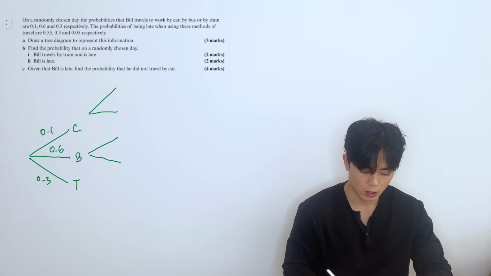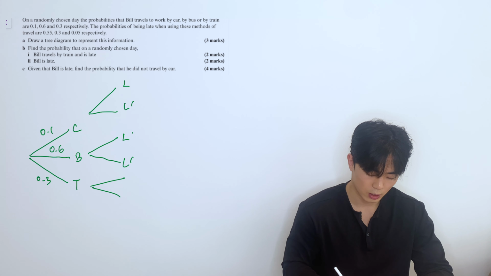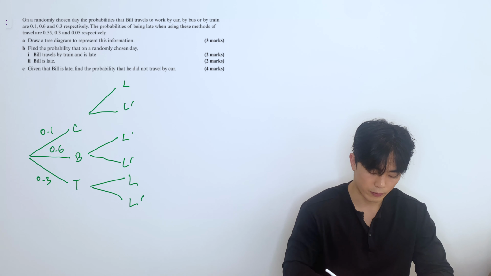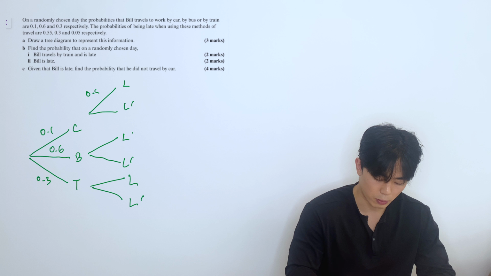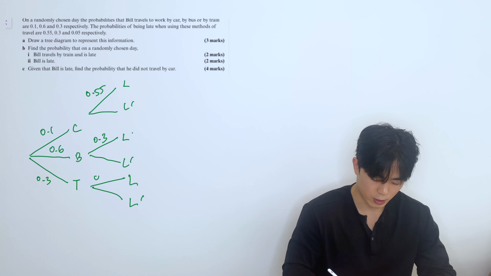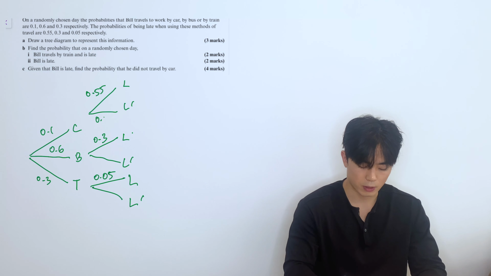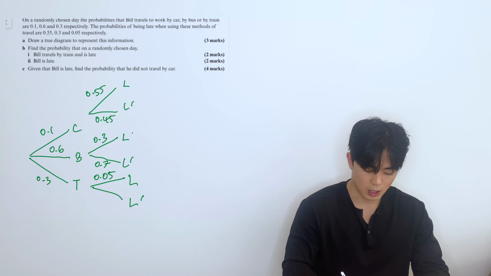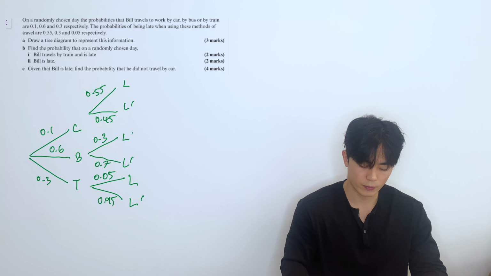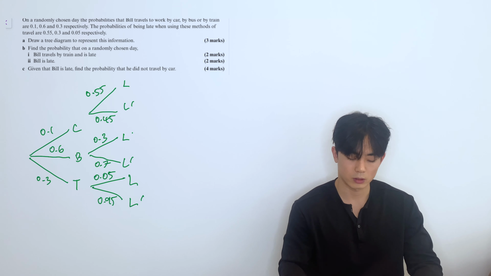So we're going to have late and not late for each one. And for being late by car, it's going to be 0.55. By bus, it's going to be 0.3. And by train, it's going to be 0.05. Meaning that the total probability has to equal 1, right? So these branches are going to be 0.45, 0.7, and then 0.95, like this. So that's our tree diagram for this example.